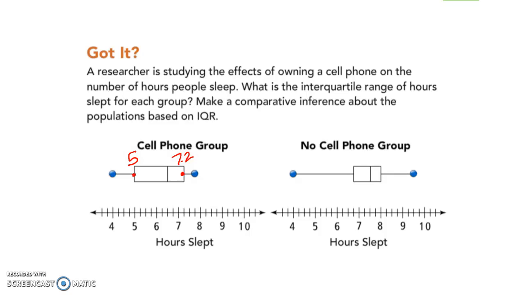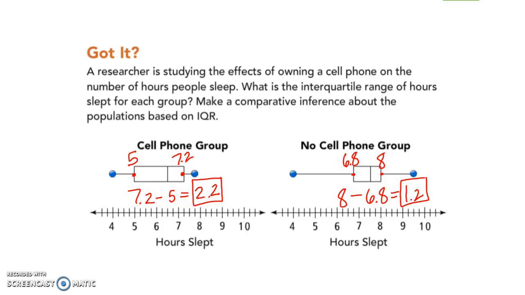So 7.2 minus 5 is 2.2, the interquartile range of hours slept for the cell phone group. And then for this box plot, we're going to do Q3, which is 8, minus Q1, which is about 6.8. So 8 minus 6.8 is 1.2, the interquartile range.